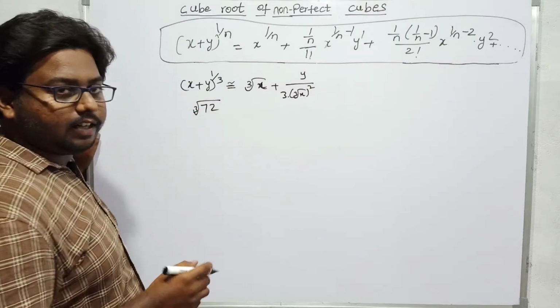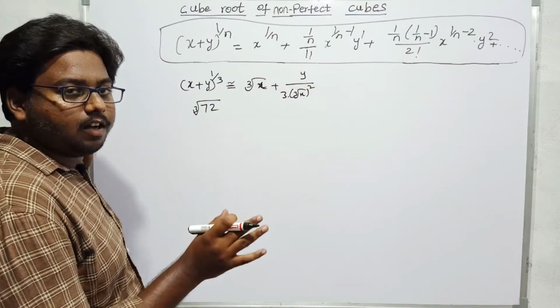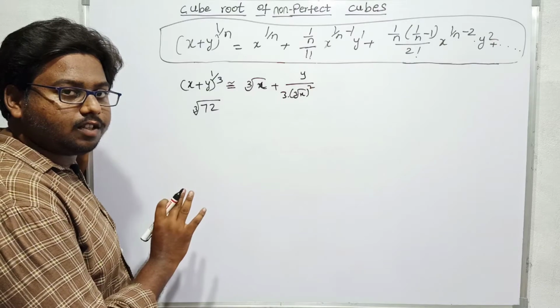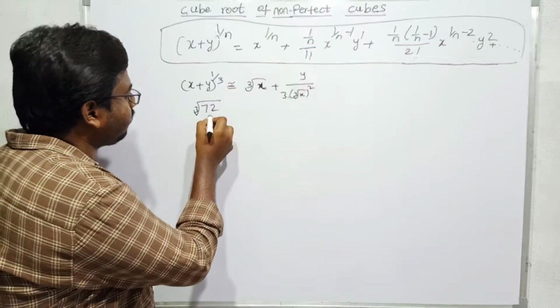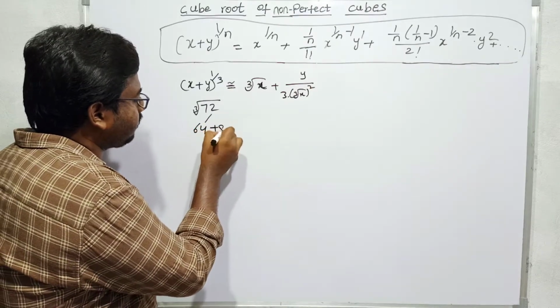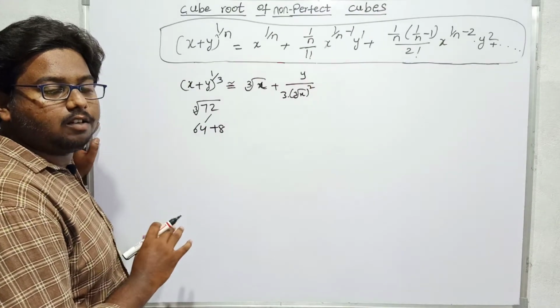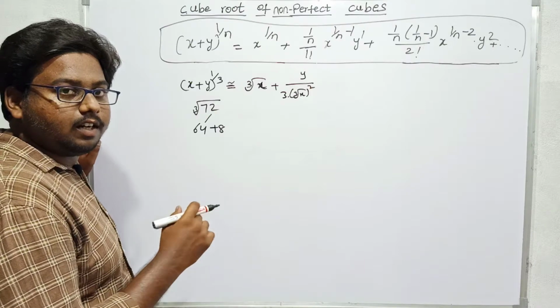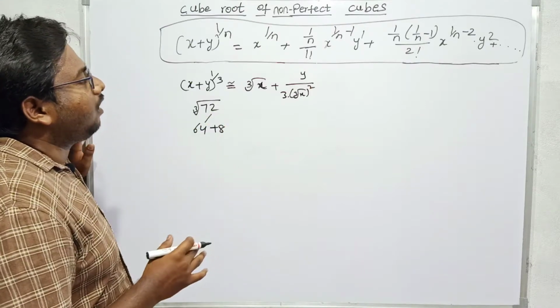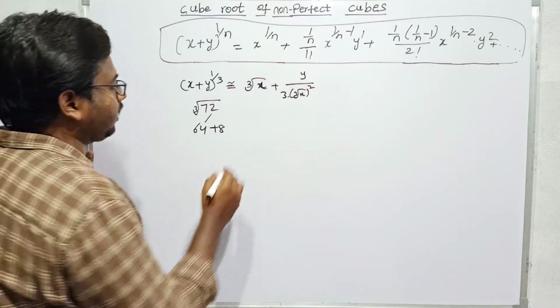If I want to calculate the cube root of 72, I can calculate this on 64 and 125, and I have to calculate this on 64 because 64 is very near to 72. 64 plus 8. If I calculate this on 125, I will not get an approximate value. I said the reason in the previous video of square root of non-perfect squares, so I won't explain that here.